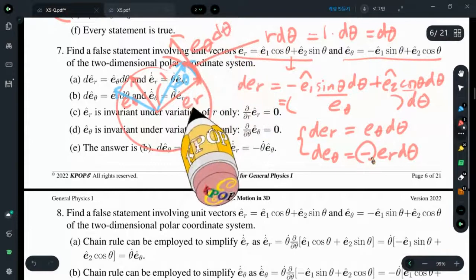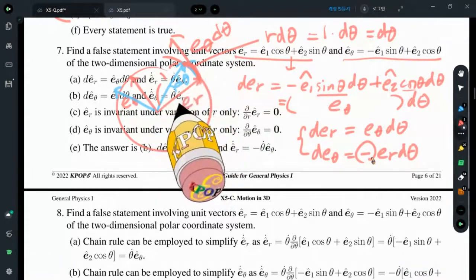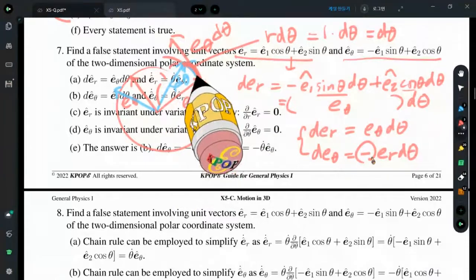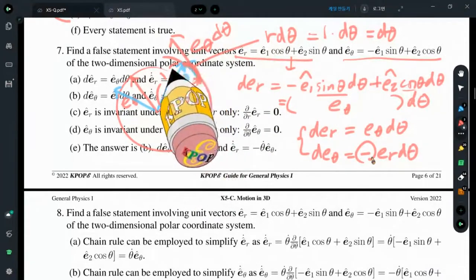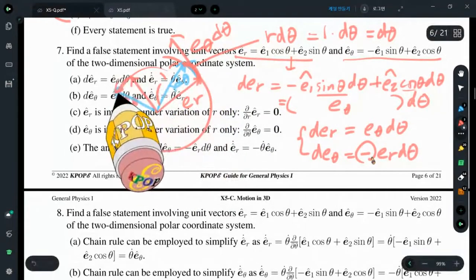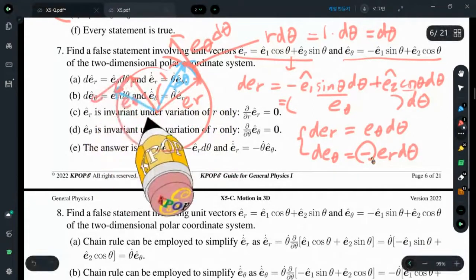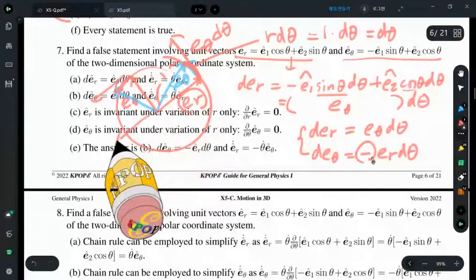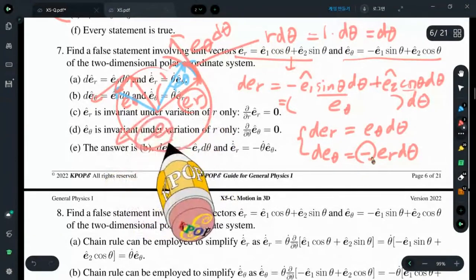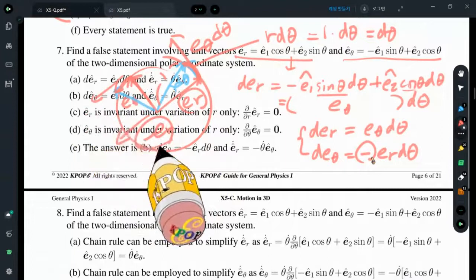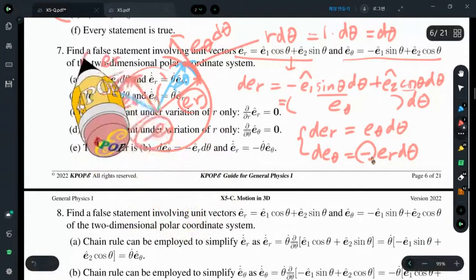So E theta d theta is the infinitesimal change of a unit radial vector. In a similar manner, geometry shows this is in this direction. This is ER, this is minus ER. So when you rotate E theta, what you get is minus ER.